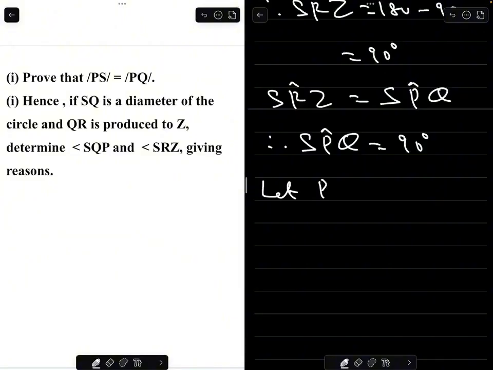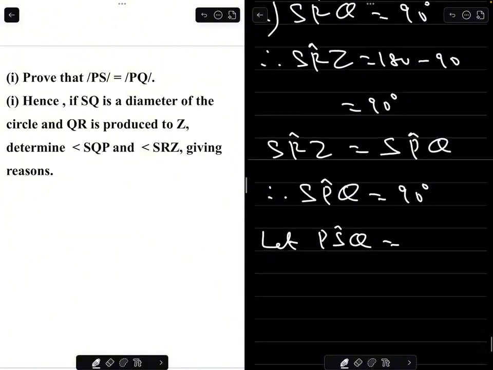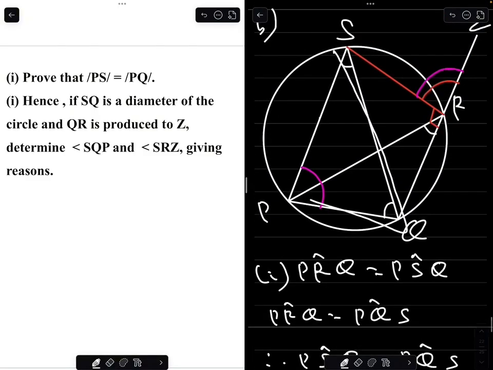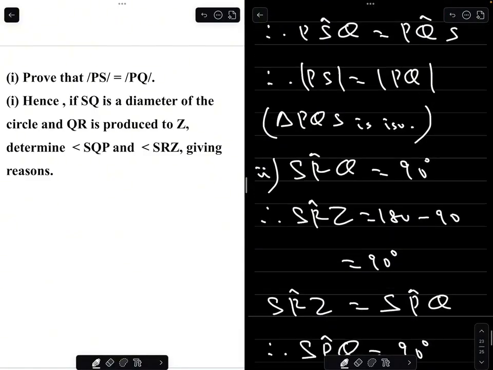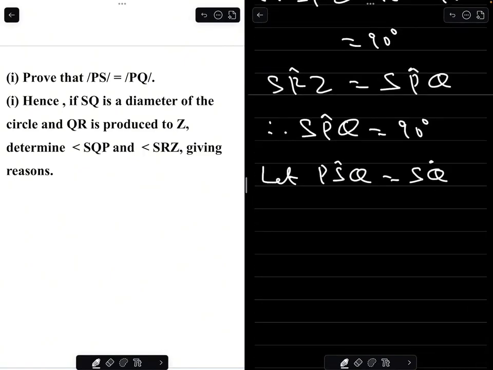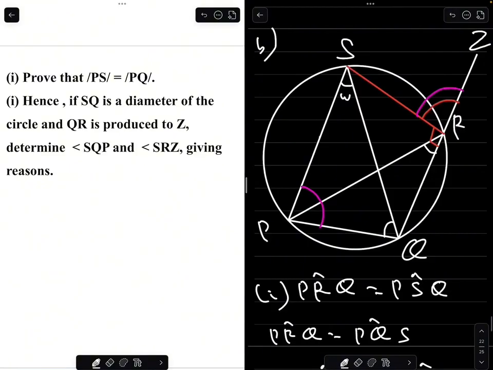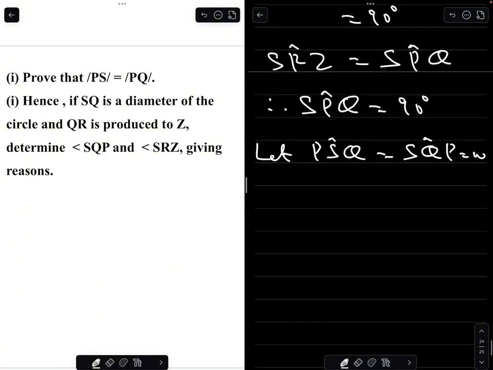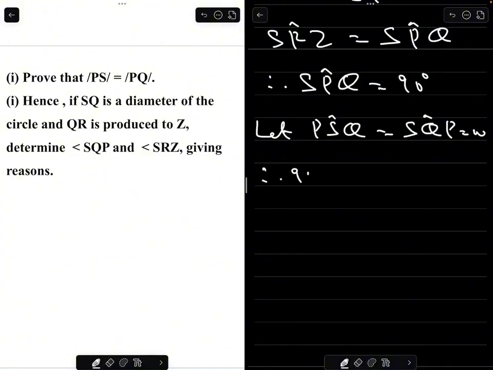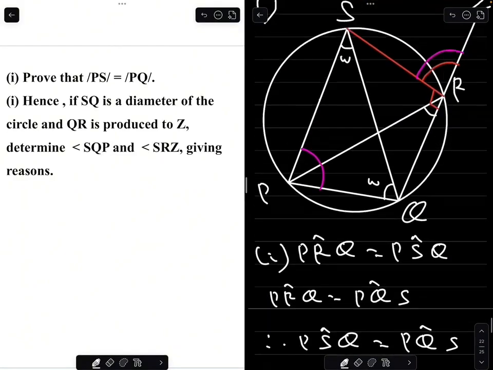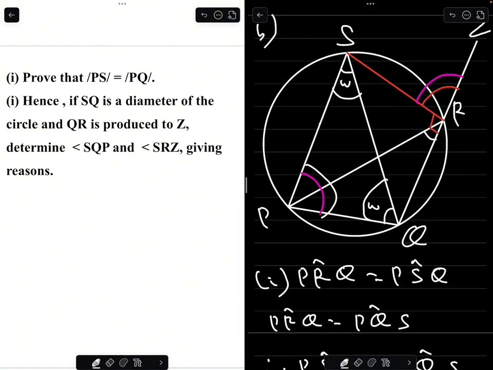Let angle PSQ, which is equal to angle SQP, each be equal to W. So this is W and this is also W. Therefore, 90 plus W plus W equals 180 degrees.